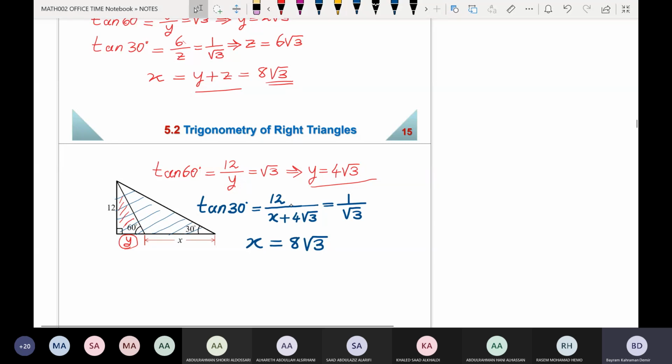Tangent of 30 degrees is 12 divided by x plus y, right? 12 divided by x plus 4 root 3, which is equal to 1 over root 3, because tangent 30 must be 1 over root 3. And again, I hope you can solve this one for x. So x will be equal to 8 times root 3.